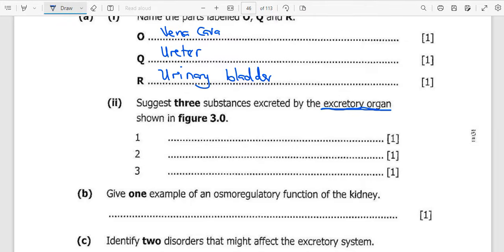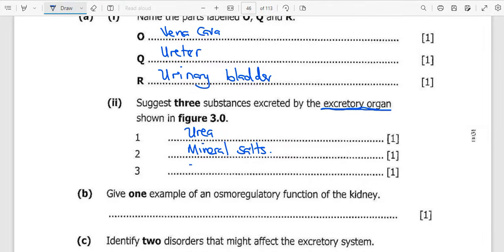The first one, when we look at urine, urine comprises of, number 1, urea, which is the major one, and then apart from that we have mineral salts, they are also excreted, and then we have excess water.